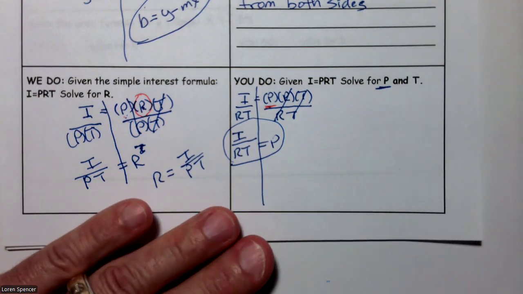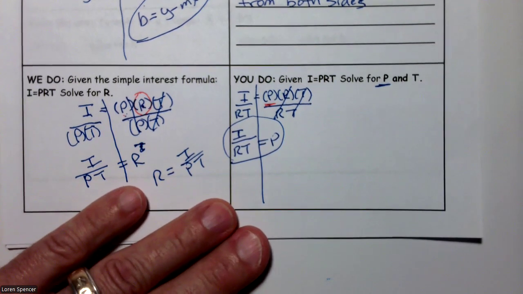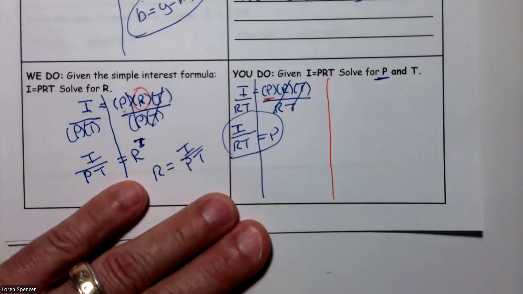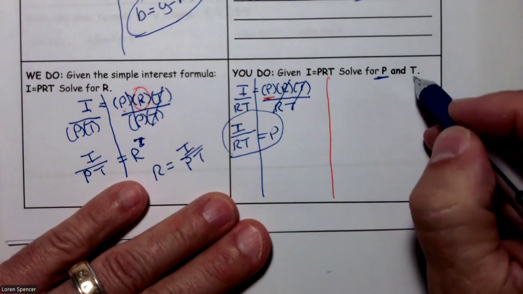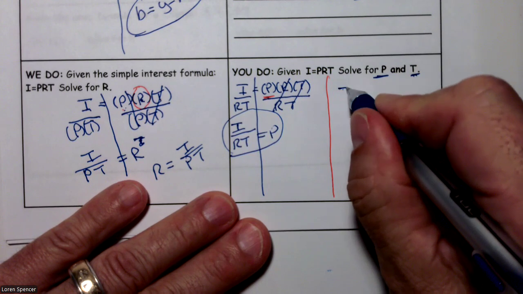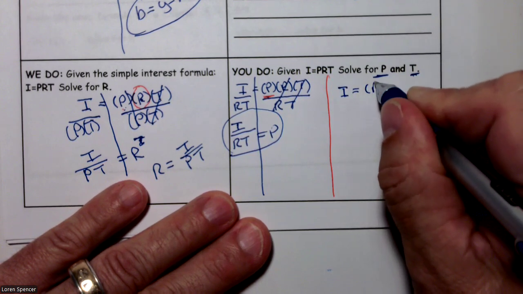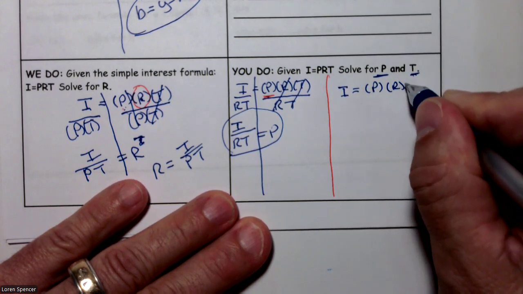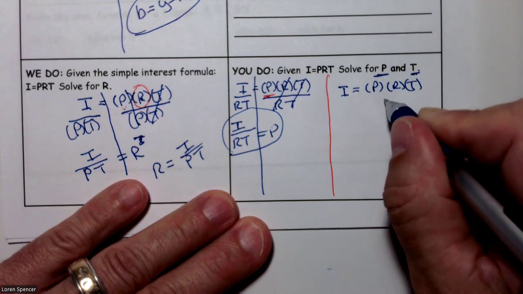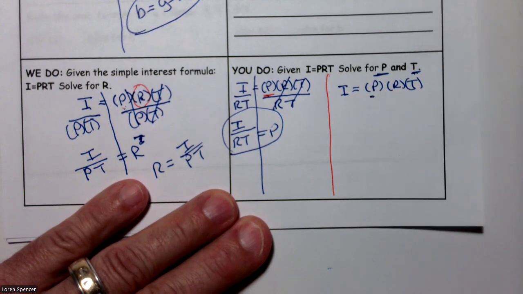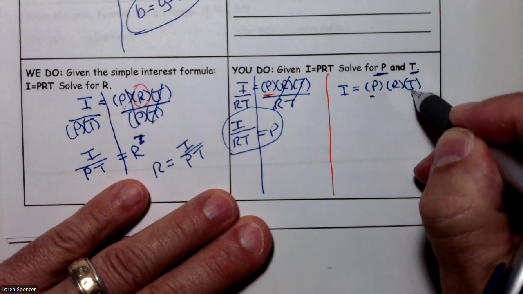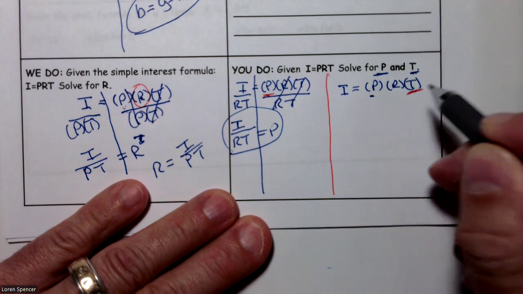The next thing I want to do is the exact same thing, but I want to solve for T. Well, once again, I equals (P)(R)(T), and we're looking for T this time.